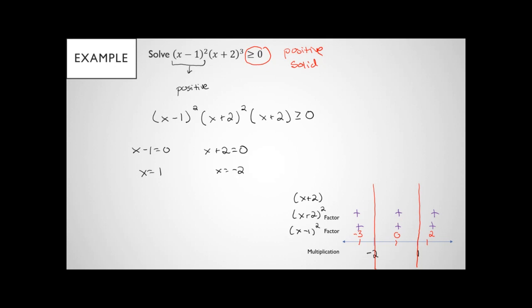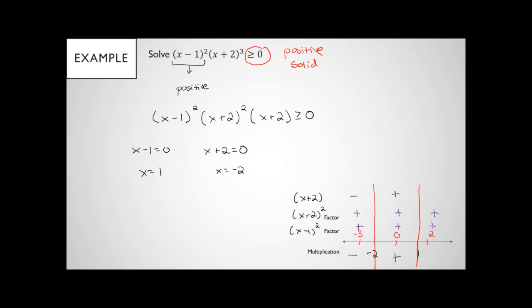If I plug -3 into x plus 2, -3 plus 2 is a negative. So now I get an odd number of negatives. One negative means my result will be negative. If I plug in 0 to x plus 2, that's 2, so that's positive. All of those are going to be positive.